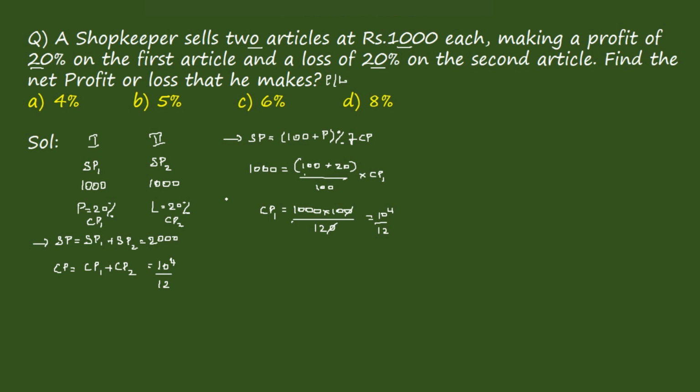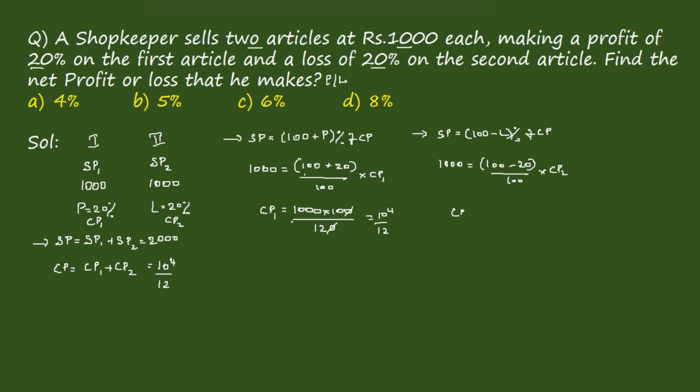Right. Next we define cost price 2. Here the selling price is equal to, since we are getting a loss, 100 minus the loss percentage of the cost price. So the selling price is given as 1000 rupees, which is equal to 100 minus 20 by 100 into cost price 2.